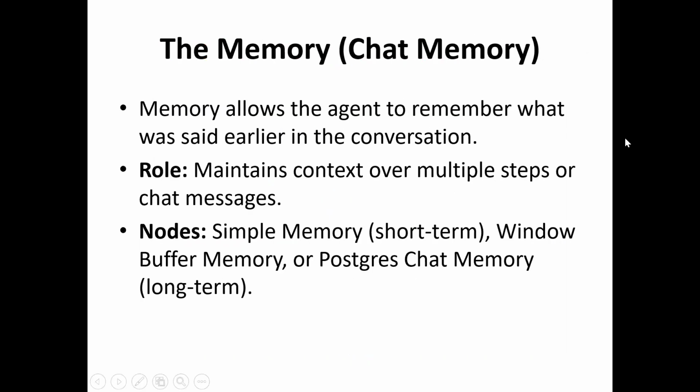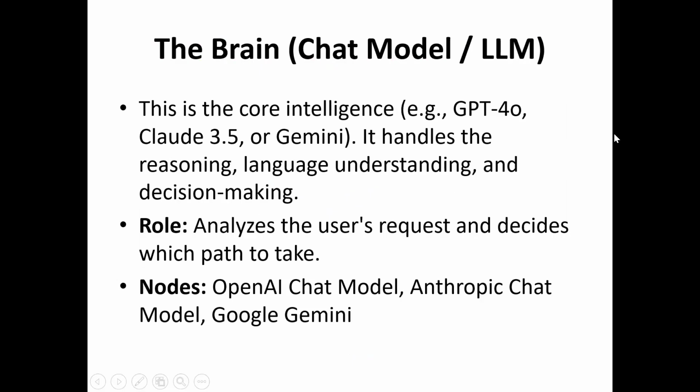All right. Now, let's start from the brain. I said the brain is the most intelligent part of the agent. It allows the agent to handle reasoning, thinking, understanding, and then decision making.